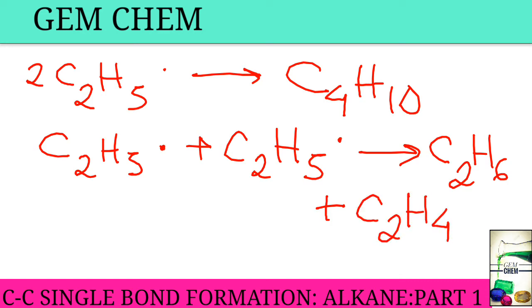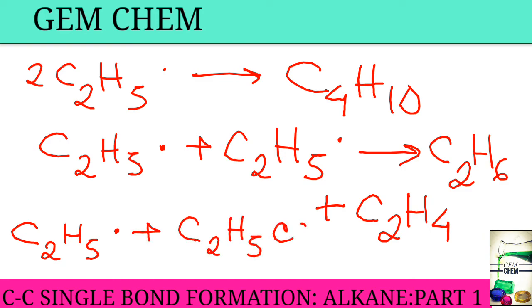And another possibility is that C2H5 dot adds up with C2H5CO2 dot to produce C2H5CO2C2H5. So this is how the reaction occurs. The reaction gives n-butane, ethane, ethylene by disproportionation and also ethyl propionate. That is, this product is ethyl propionate.